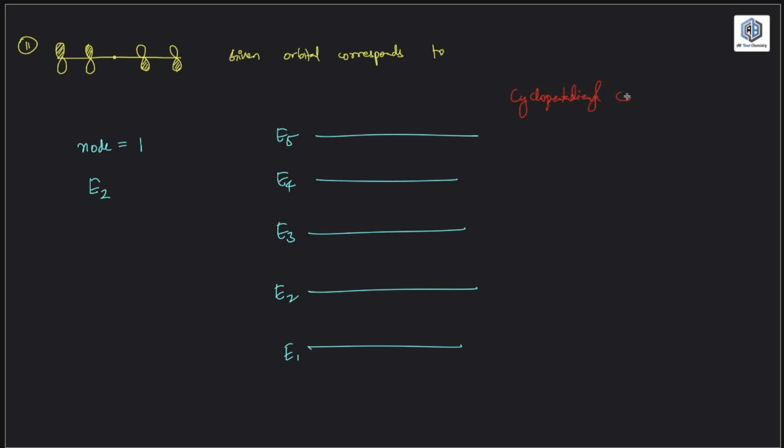So now if you are talking about cyclopentadienyl cation, for this you will be having how many pi electrons? Only 4 pi electrons. So you can fill it like this, right? Whereas if you talk about cyclopentadienyl anion, in that case you will be having 6 pi electrons, and they are going to be filled like this, right?